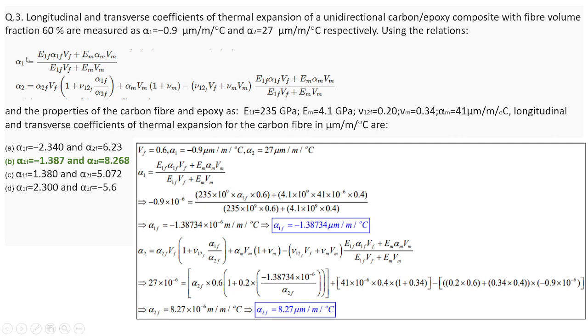We are given alpha_1 and alpha_2, and we have to find alpha_1f and alpha_2f from these equations, and every other value of the matrix and the fiber is given. After putting the values in the first equation, we will get alpha_1f, and from the second equation we will get alpha_2f, and that will be the answer.